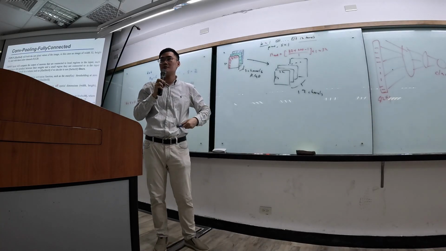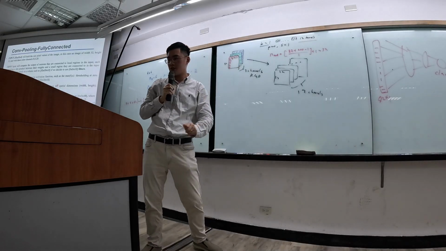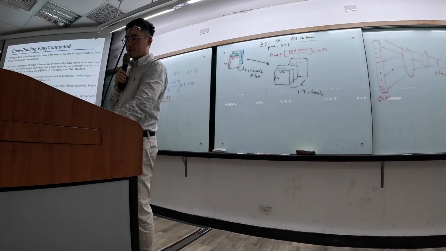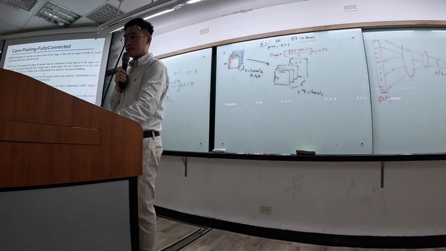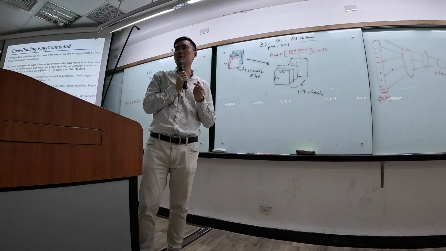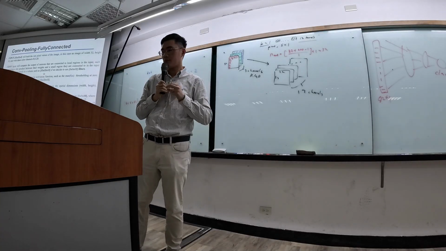Okay? Any questions? So the previous layer is input 32 by 32 by 3. Now after the convolutional kernel it is 32 by 32 by 12, because we use 1 by 1 kernels and we have 12 kernels. Okay? Great.